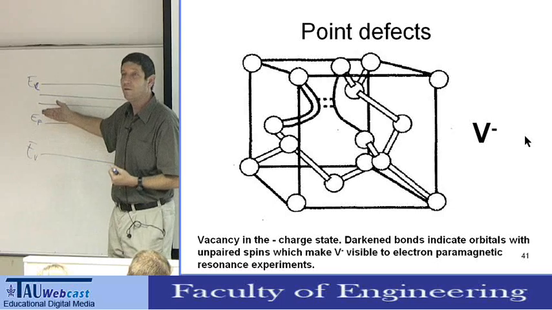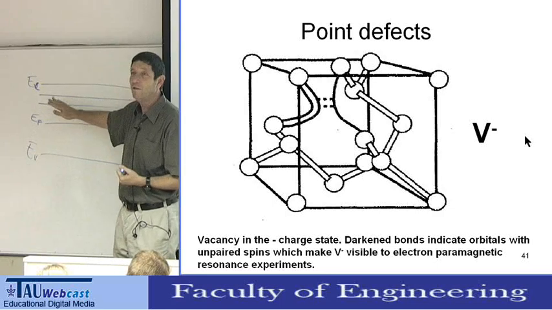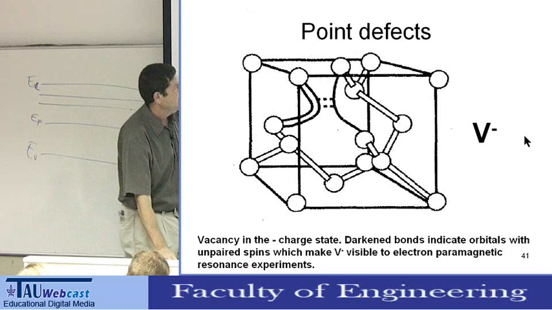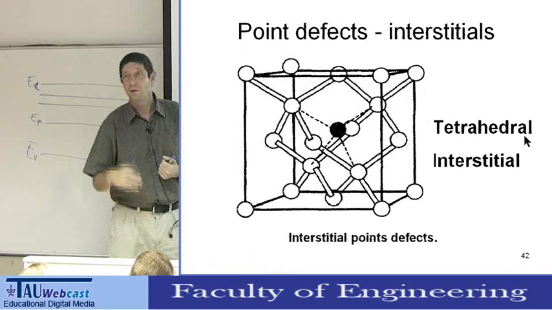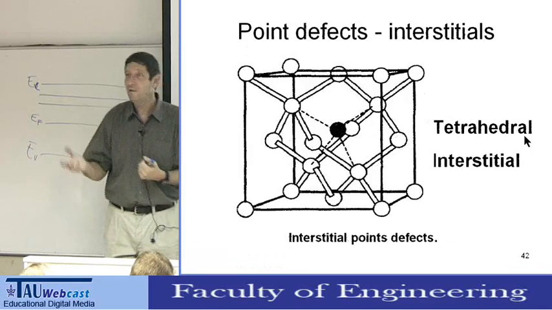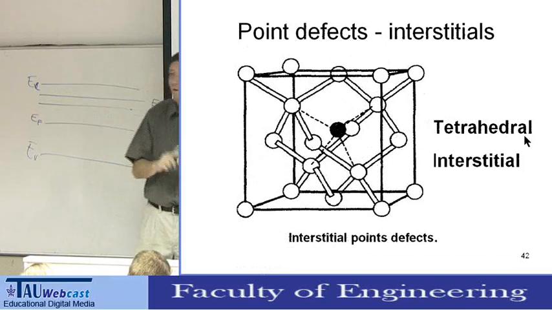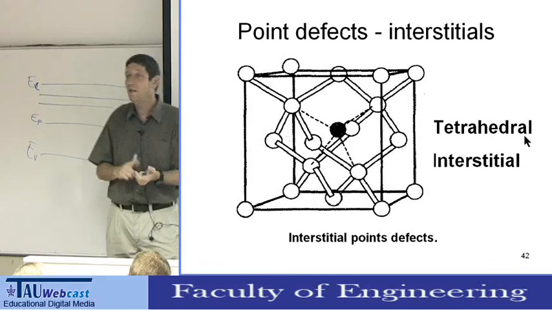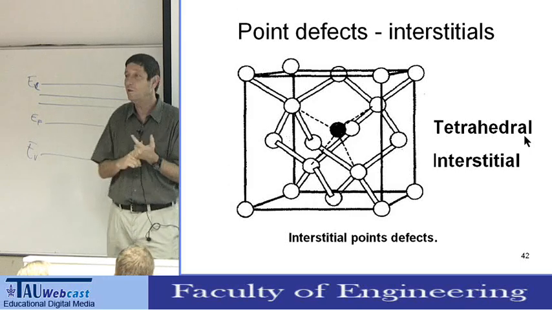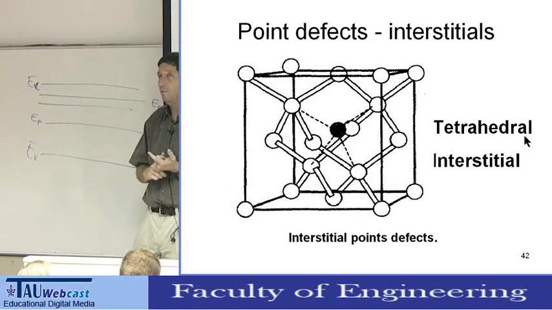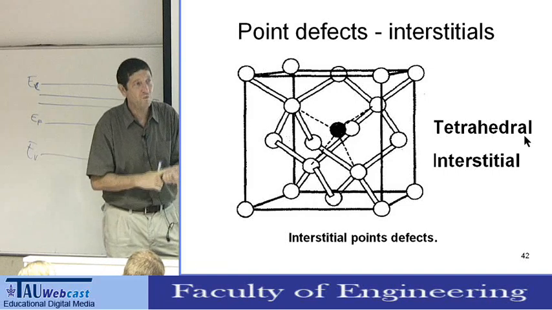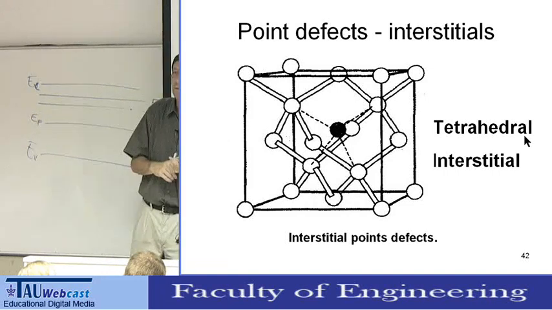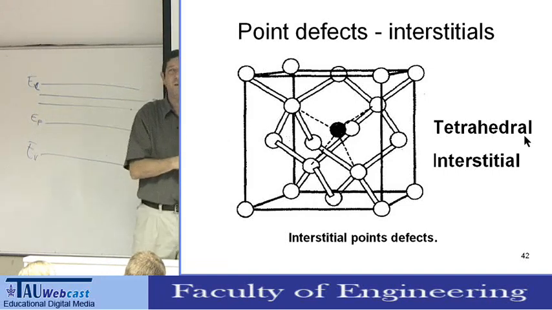Then this energy level of the vacancies will be empty. So the concentration of the vacancies, because we can have 0 vacancies, plus vacancies, or negative vacancies, depends on the doping. And because the concentration of the vacancies depends on the doping, the diffusivity depends on the concentration.